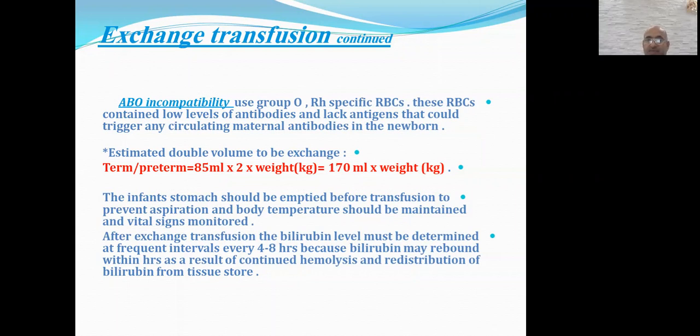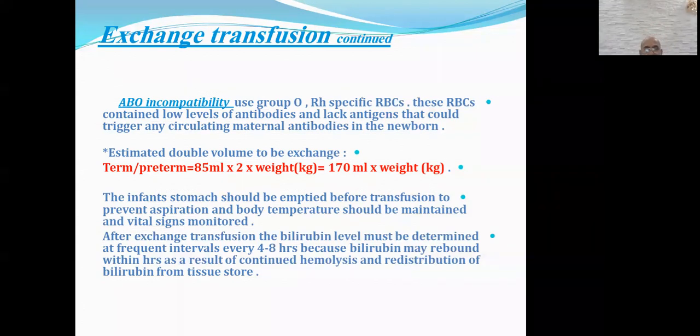The opposite is true in comparison with the RH negative mother. We can use O blood group with RH of the baby. Well, in RH negative, we can all the time use the RH of the mother.